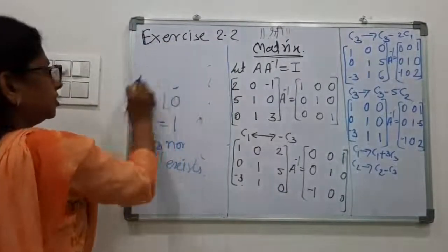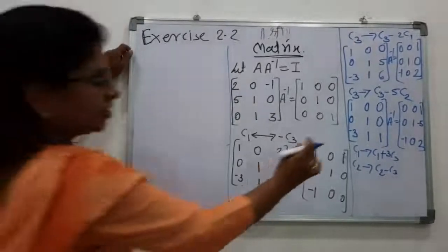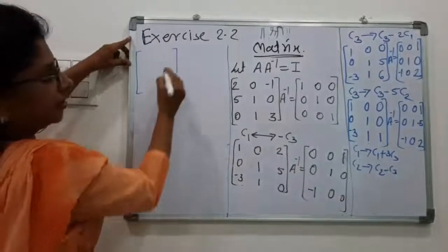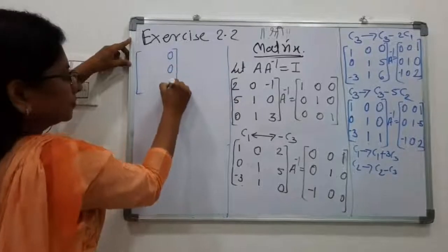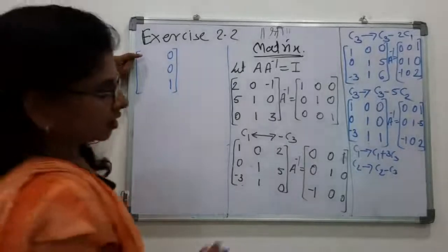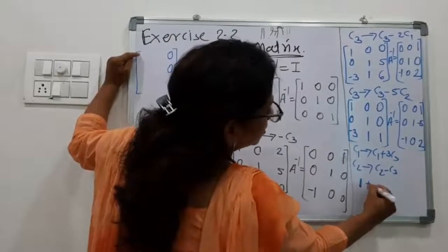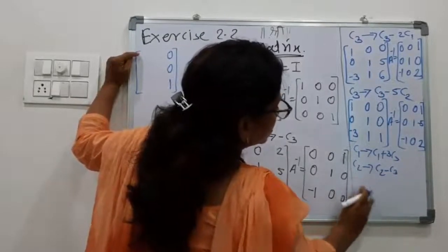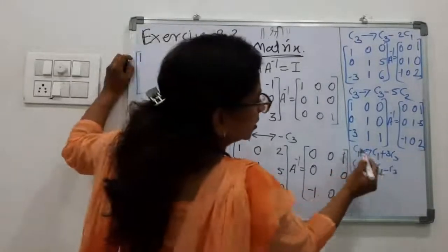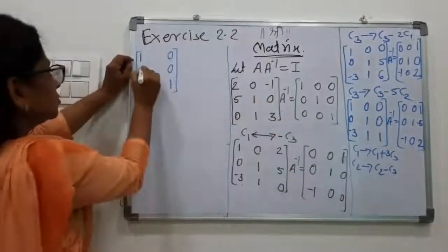So come to this side. So apply. C1 and C2 both we have to work on. So C3 only write down as it is, because we got what we wanted. Now what is C1? Here C1, this 1 plus 3C3 0, means this is again 1 as it is. Here C1 0, 0 plus 3C, both are 0, so 0.